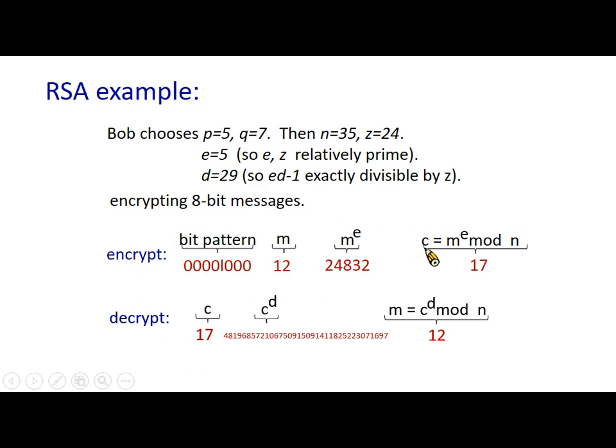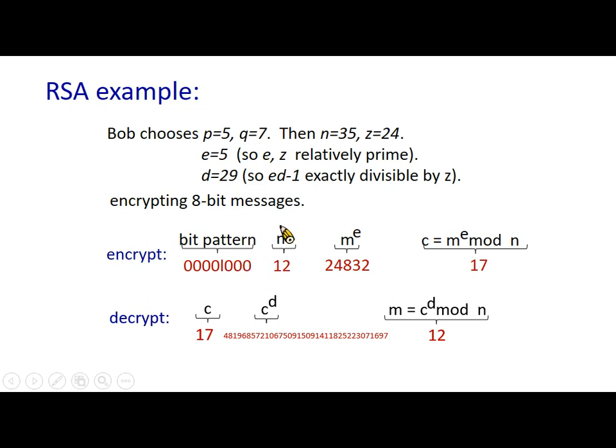But we want to decrypt c. Right now c is 17, and c to the d is a huge number. But c to the d mod n is 12. What does this mean? It's the original message, 12. So it's a magic solution from the encryptor and the decryptor.